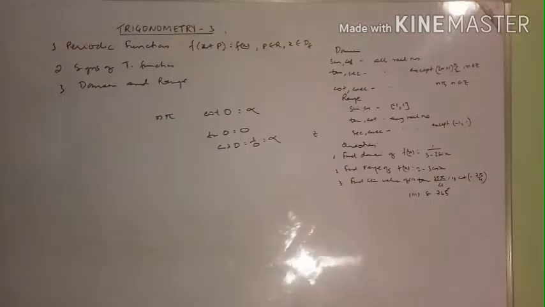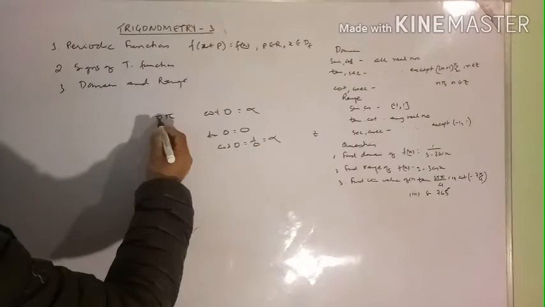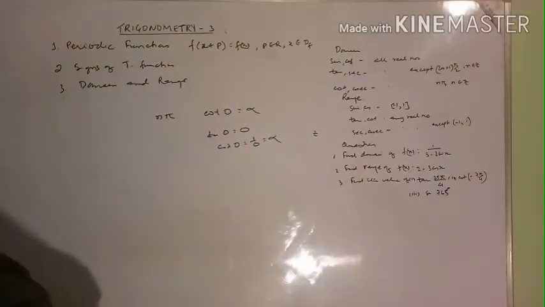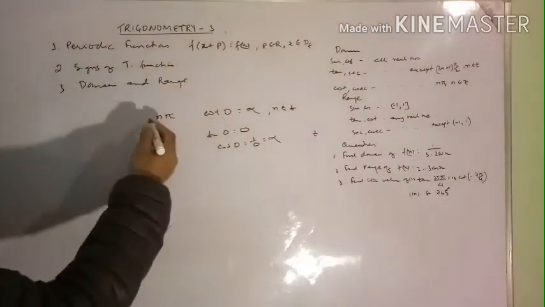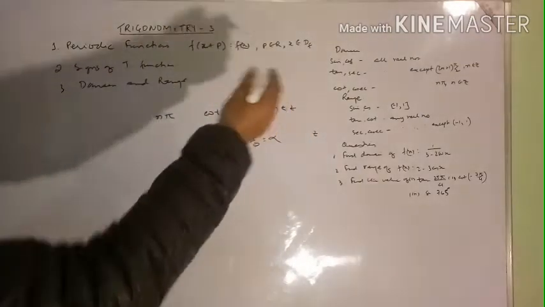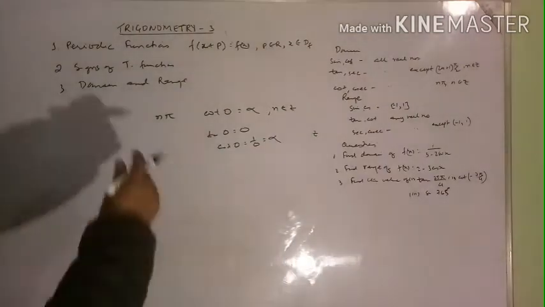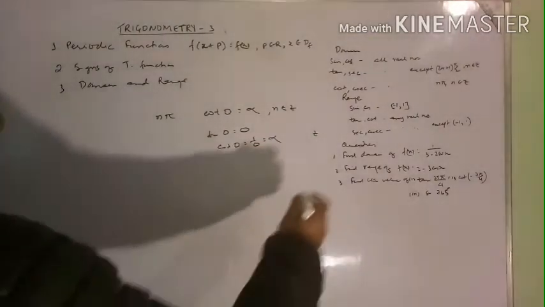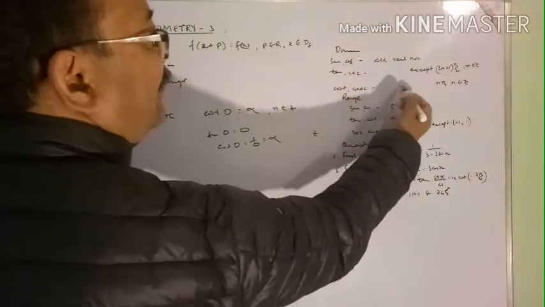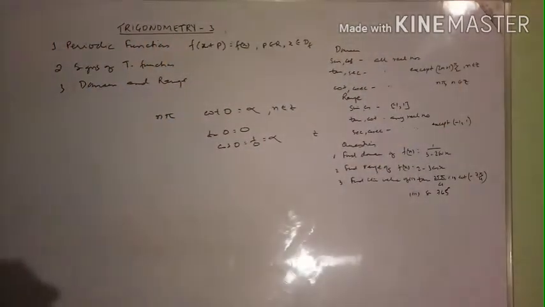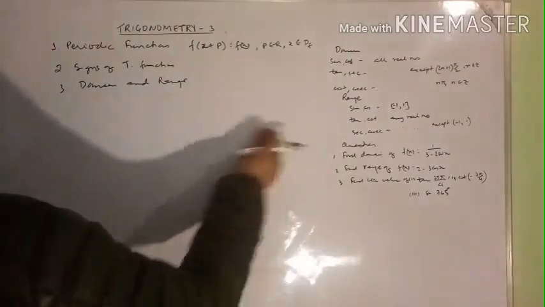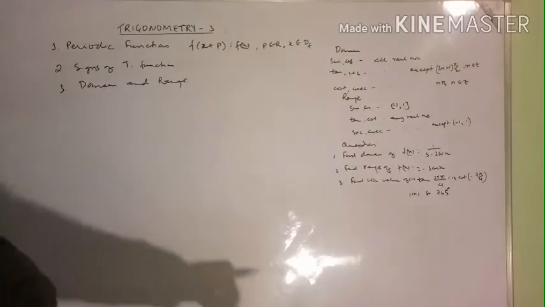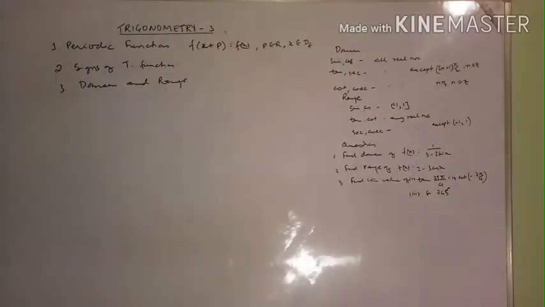When n equals 1, cot pi is also infinity. So for any n belongs to Z, these values of cot and cosec will be infinity, so it is not defined, and x cannot take those values. So x can take any real number except n pi. So you see, domain means those values of x which can be taken for which the given function is defined, meaning the value is not infinity.